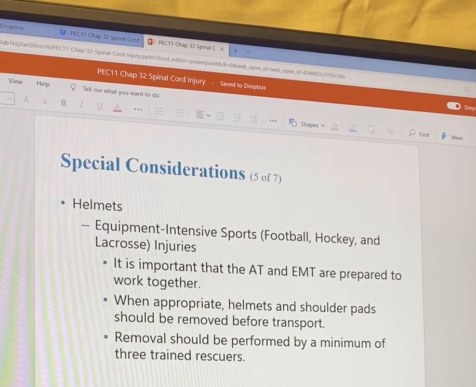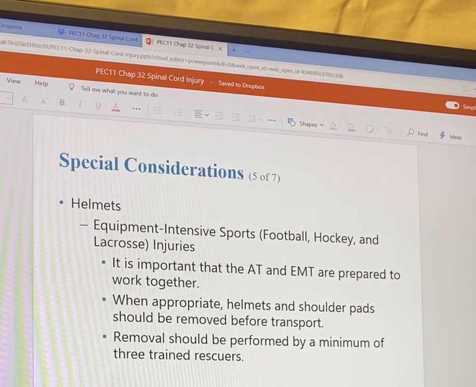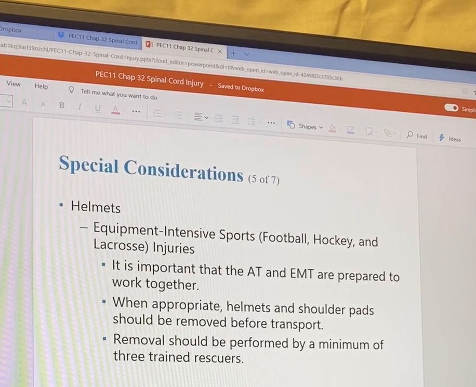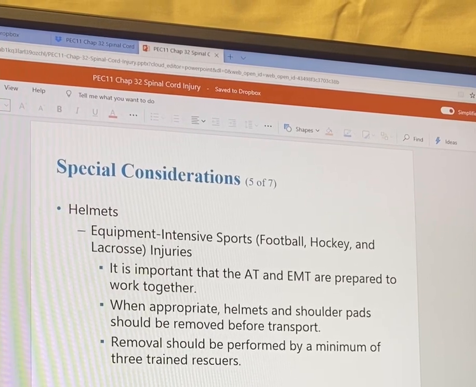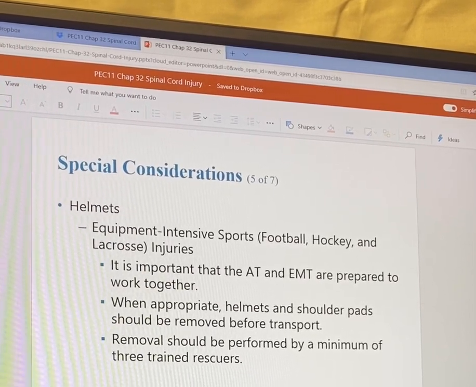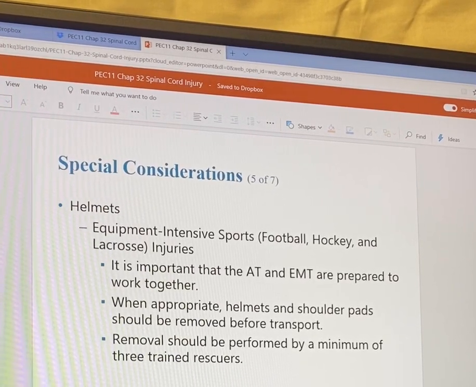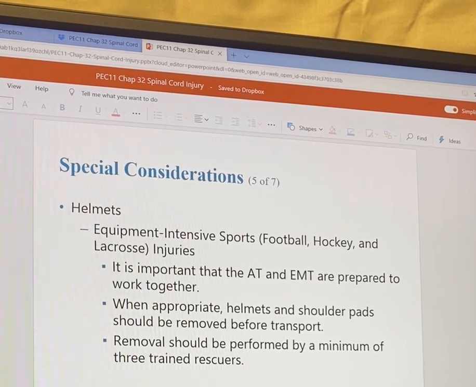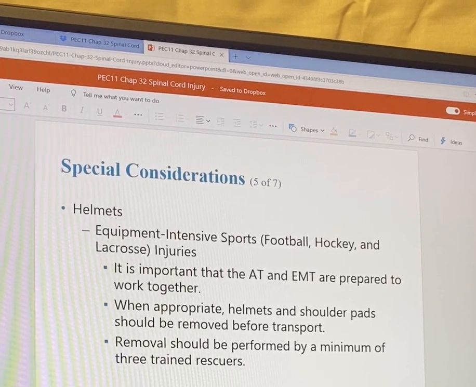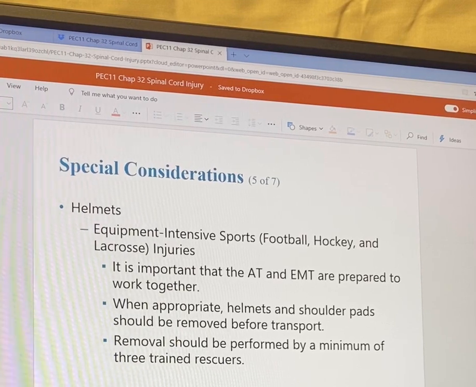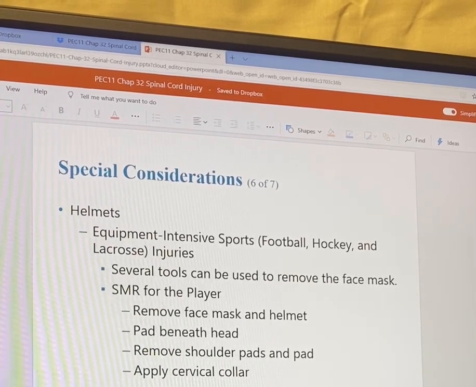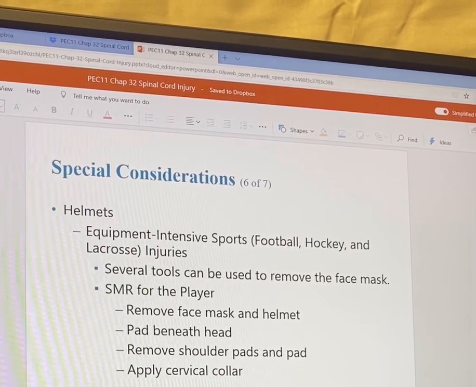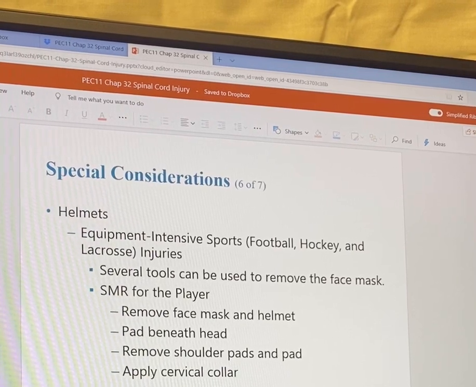Another reason they should be removed at the time of transport, the coaches and others will have more experience with equipment removal than other medical teams or members in the emergency department. When all equipment has been removed, a cervical collar should be applied.